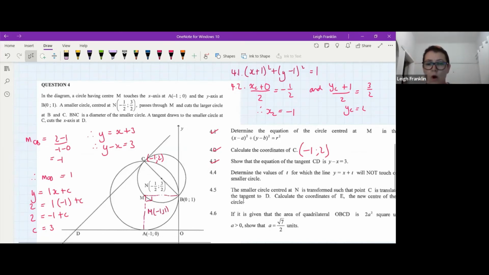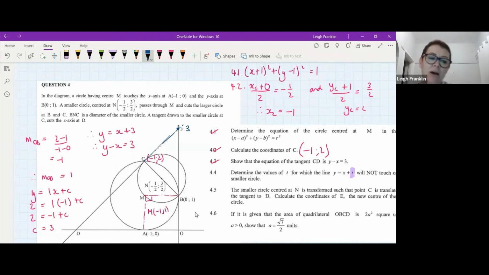Okay, so in the situation over here, when they're talking about the line y equals x plus t, the t represents the y-intercept of this line. So we know from what we've been given that if we extend line CD all the way to the y-axis, that point over there is going to be 3.